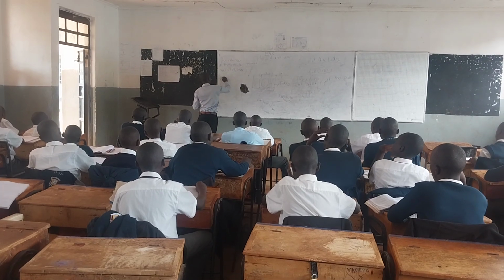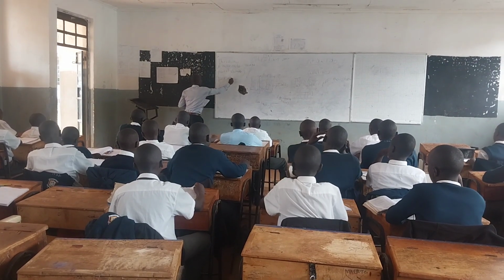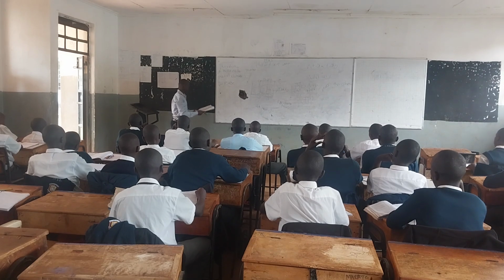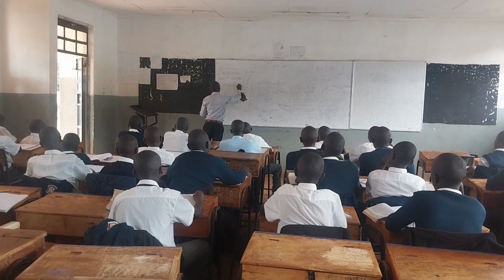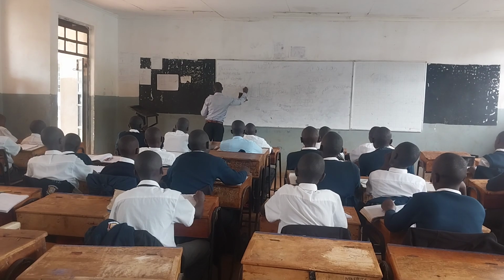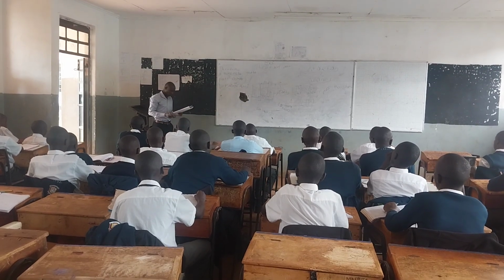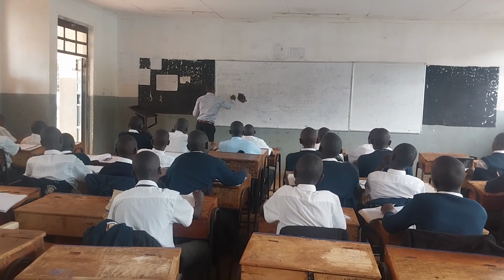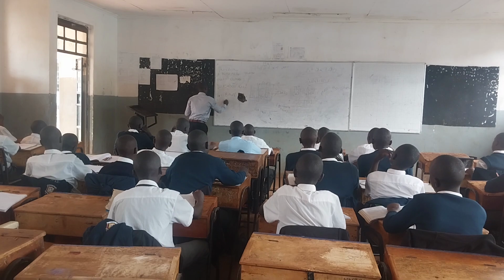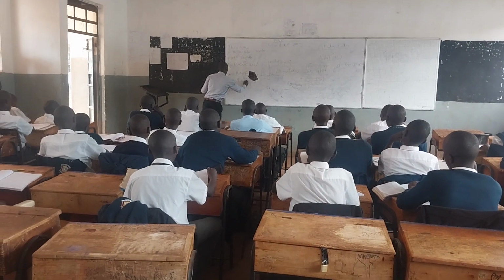Volume is equal to base area times what? Times thickness. So V is equal to base area times T. Now it is equal to pi r squared T.